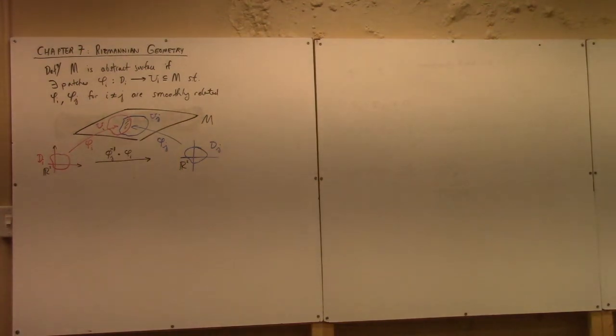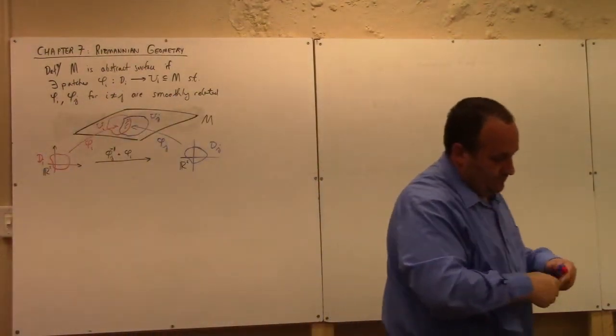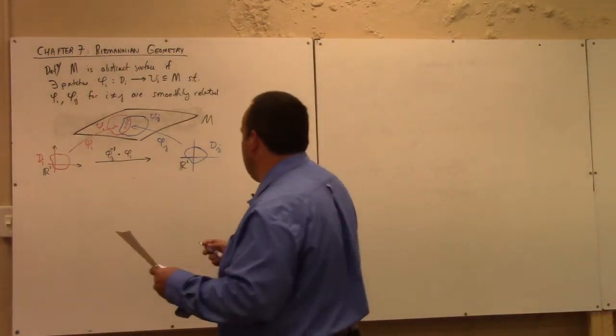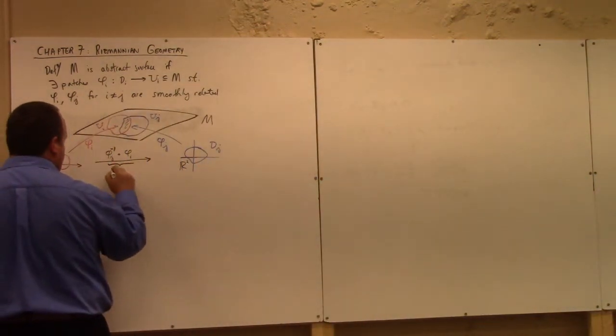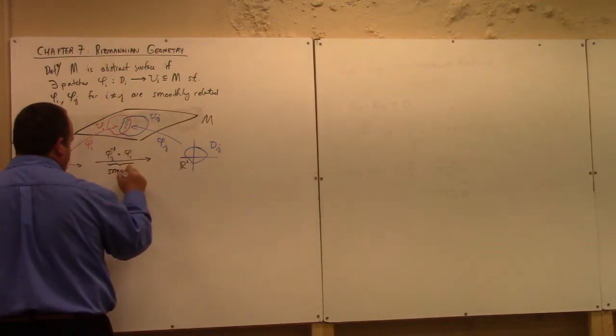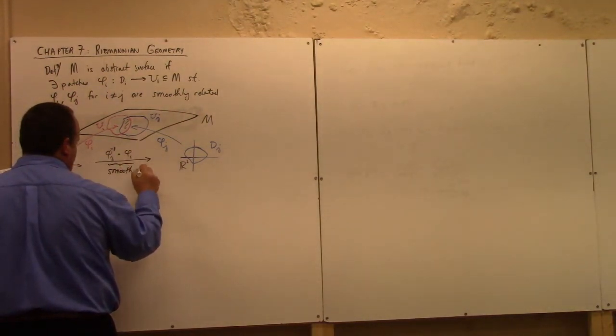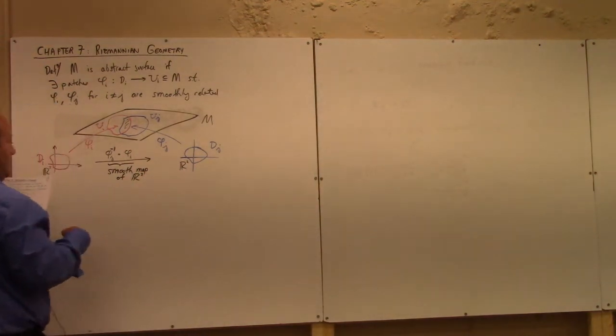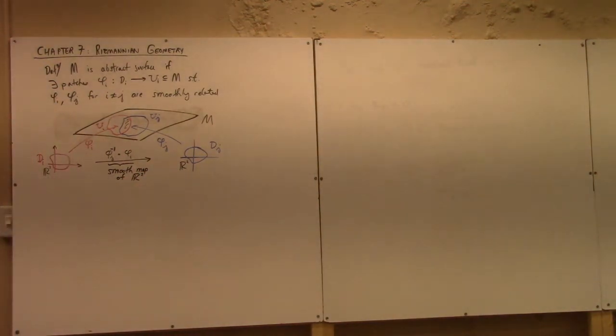So that means, in particular, this has to be a smooth mapping of R2. So what that means, of course, is that you can calculate partial derivatives of arbitrary order, and they're continuous.